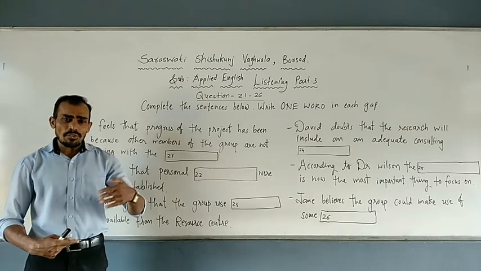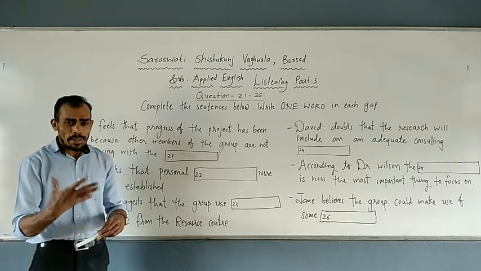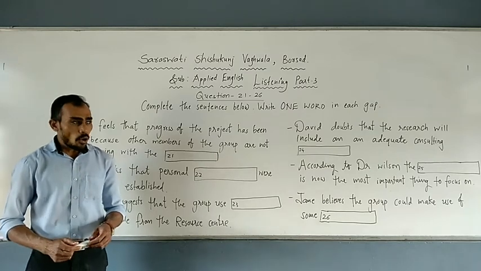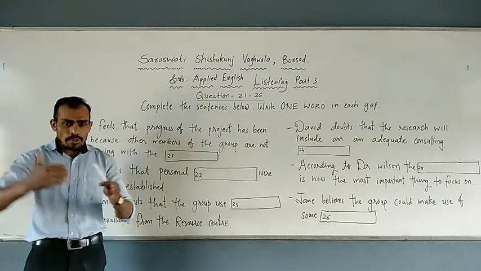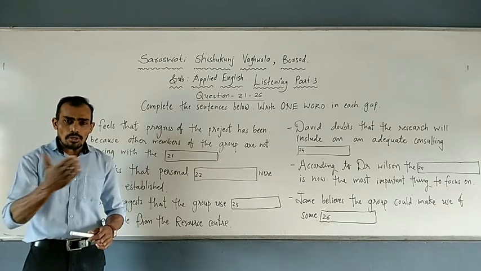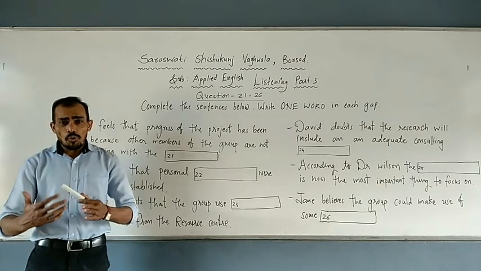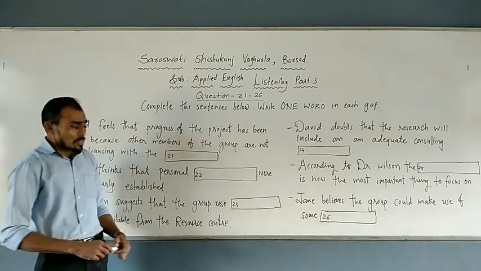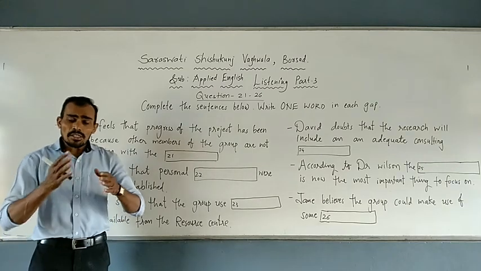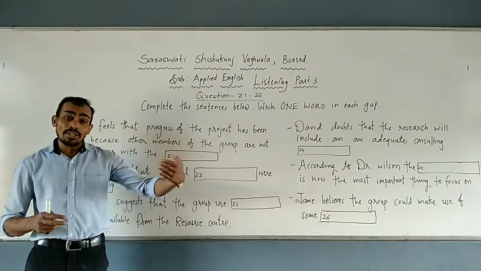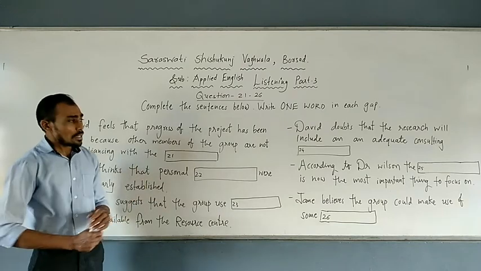David and Jen were given a task of preparing a project assignment on history, and they were facing some problems. The group was not up to the mark, the group was not collaborating with them, and hence they found a lot of difficulties. This is the conversation that you can hear in the listening.